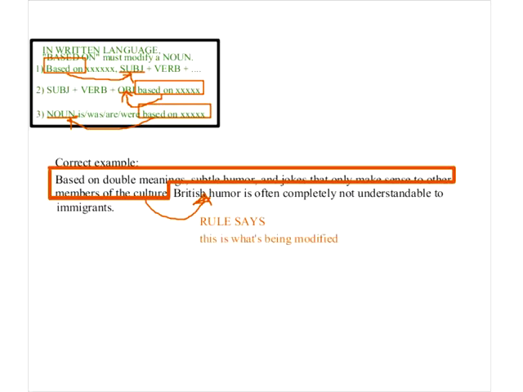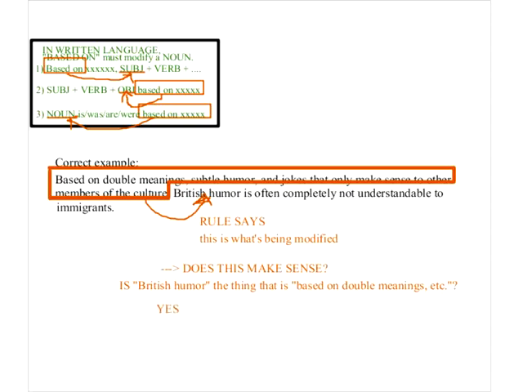Now you have to ask yourself, does this make sense? Yes, it does. Is British humor the thing that is based on double meanings, etc.? Yes, it is. So this sentence is logical.